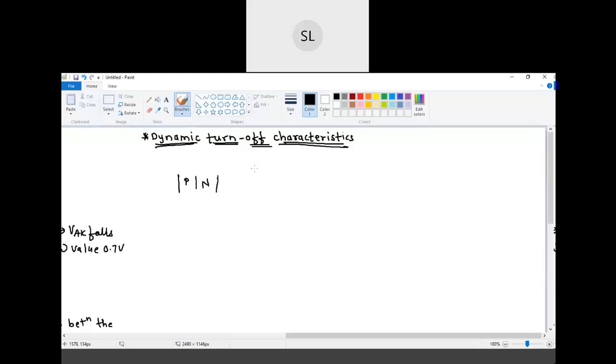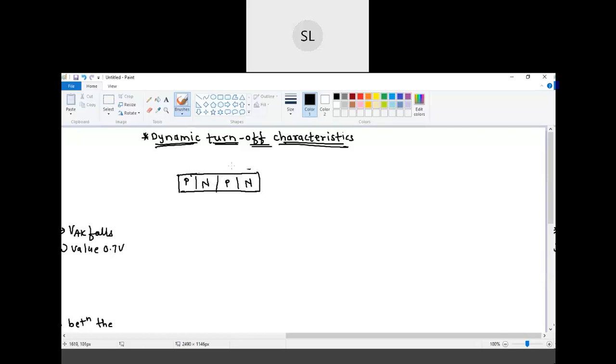What should be the level of the anode current so that the SCR which is in the on state can be turned off? Try to correlate this with holding current or latching current.